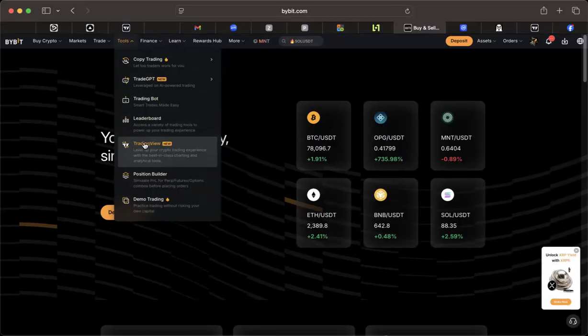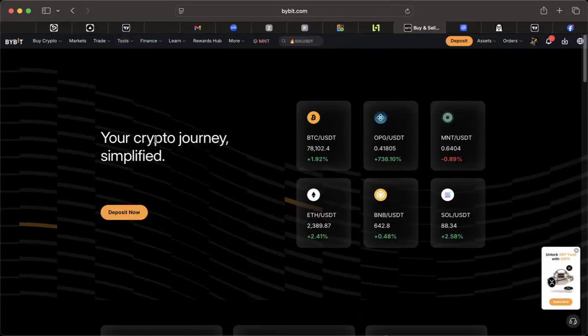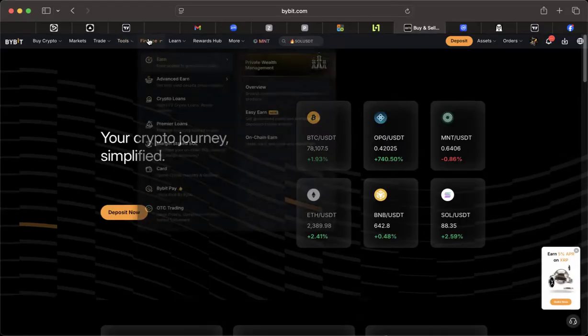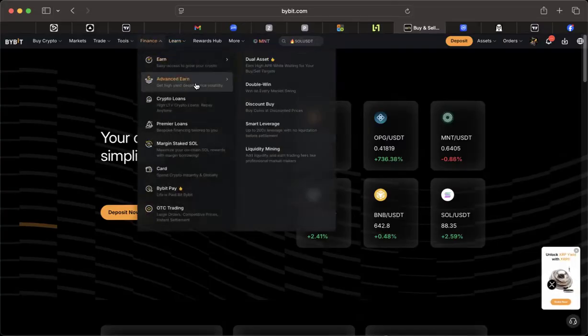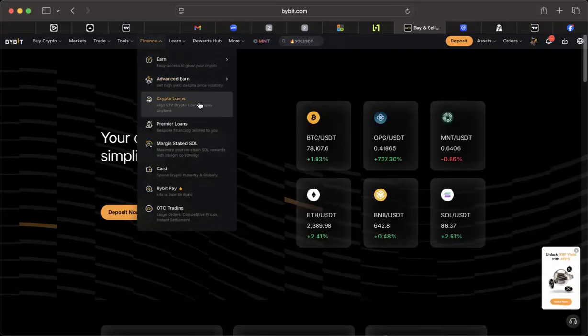So you can go to TradingView straight up in your back office and all of that. These are tools. Then Finance, you have different things on finance, advanced, and you can buy some coins and keep them for APR rewards and all of that, crypto loan. There are so many things that you can do on Bybit as it is.